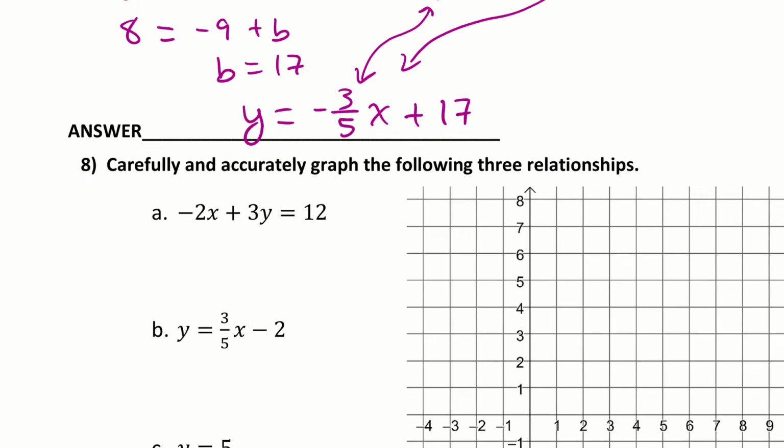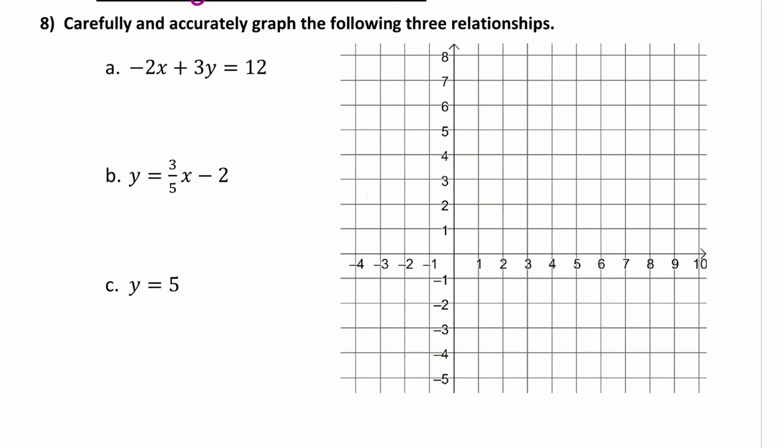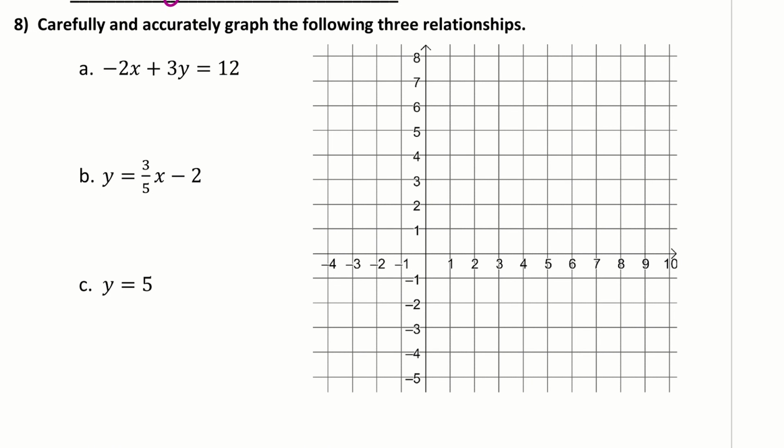flawlessly. Next, I have three relationships here, and I'm asked to carefully and accurately graph them. The first one I'm going to graph is the last one. It's y is 5. I can just plot a few points. All of these points that I'm plotting have different x values, but you'll notice the y is always equal to 5.